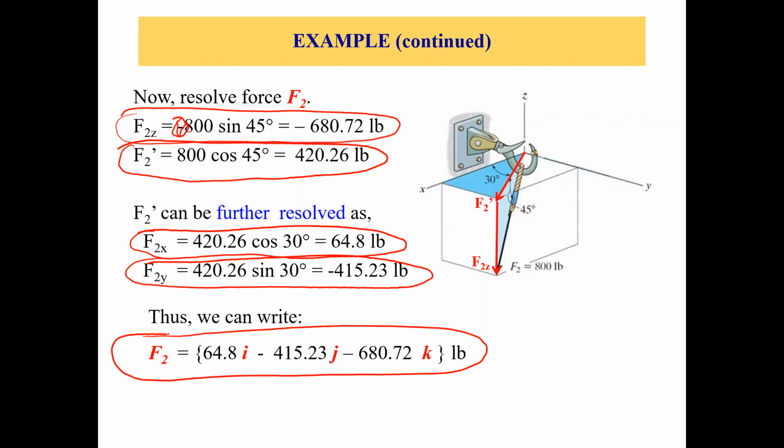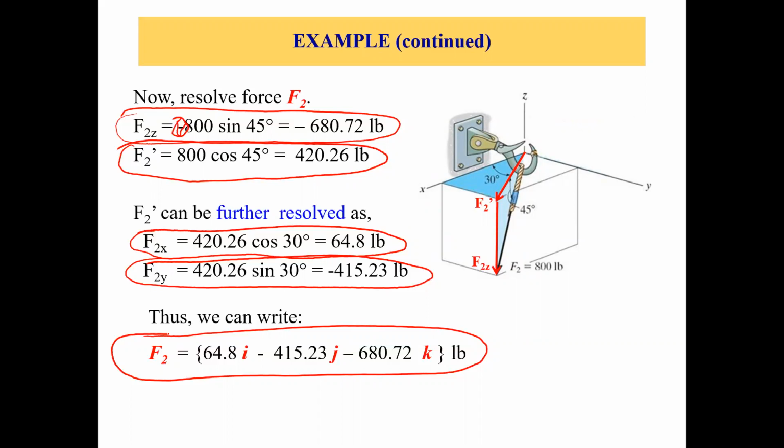So 64.8i, negative 415.2j, and negative 680.7k. So that's how you are done with the resolution of this vector F2 into three components, and writing this vector F2 into Cartesian vector form.